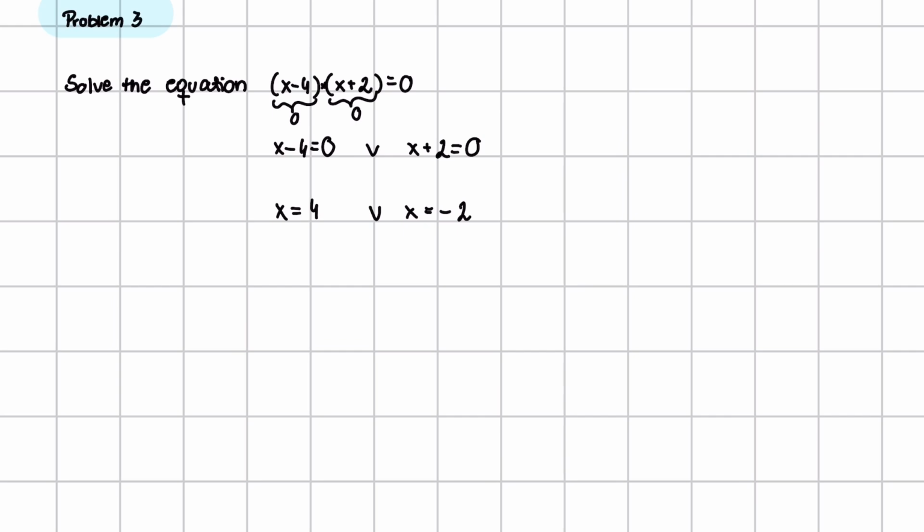We have for sure 0 in our first bracket, so it's enough. In the same way, if we have x equals minus 2, our second bracket is 0. So no matter what we have in our first bracket, our final answer will be 0.